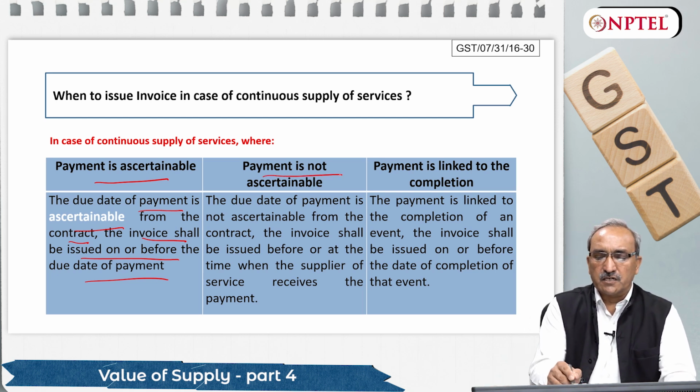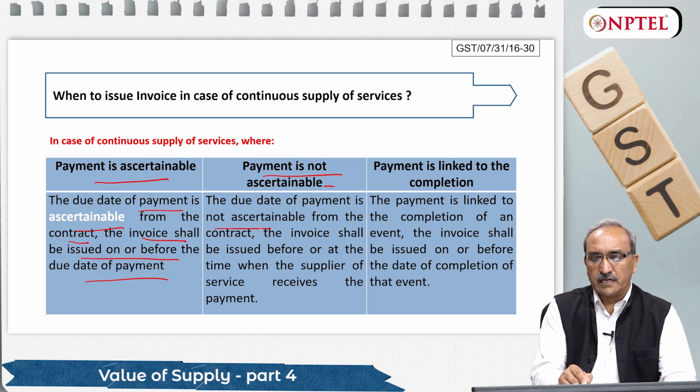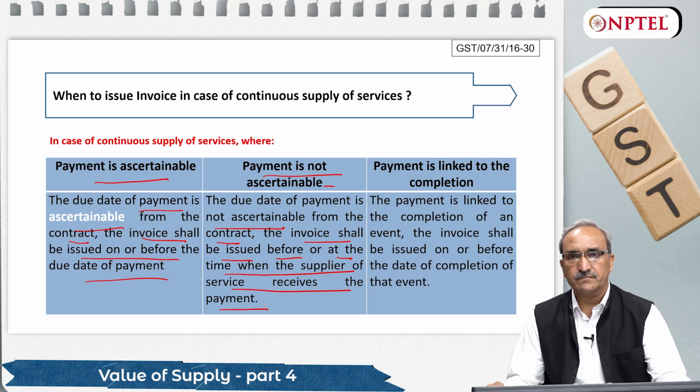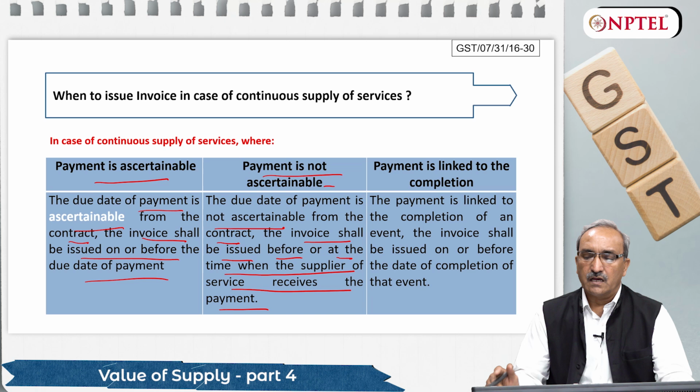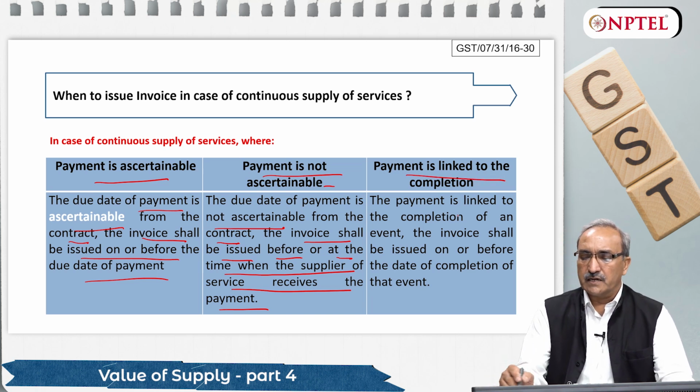Where the due date of payment is not ascertainable from the contract, the invoice shall be issued before or at the time when the supplier of services receives the payment. Where payment is linked to completion of an event, the invoice shall be issued on or before the date of completion of the event.